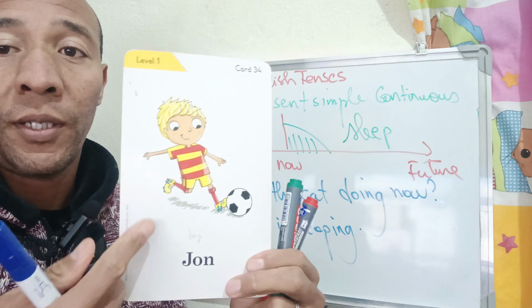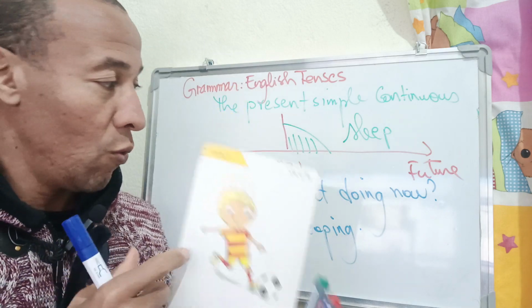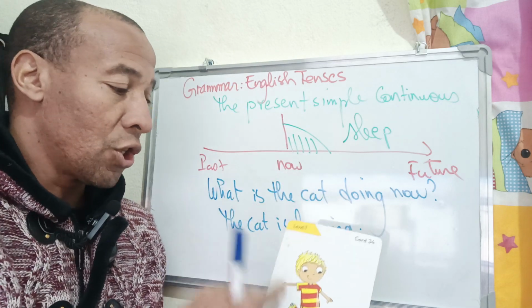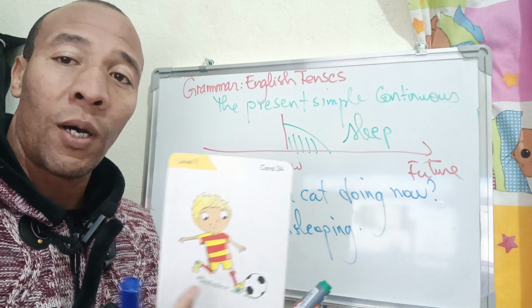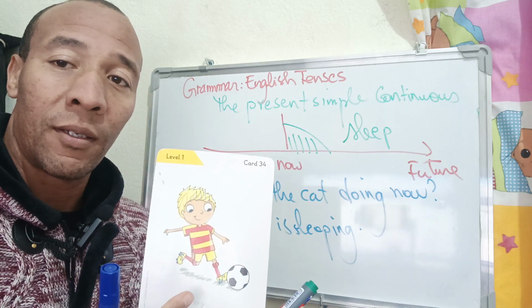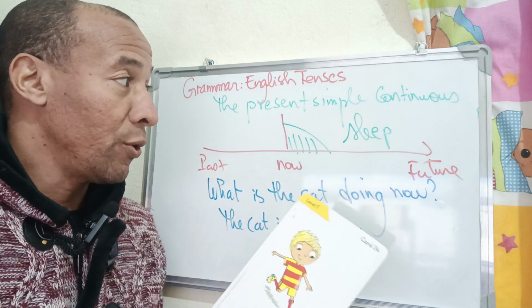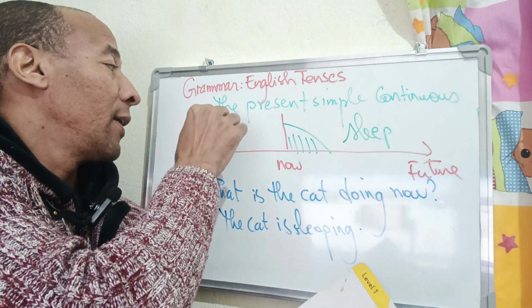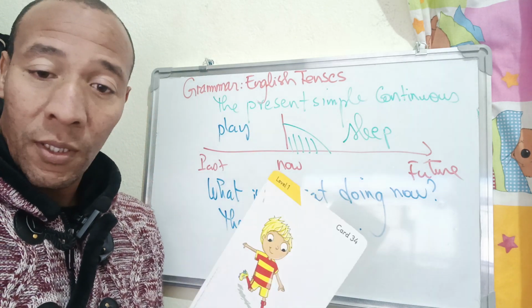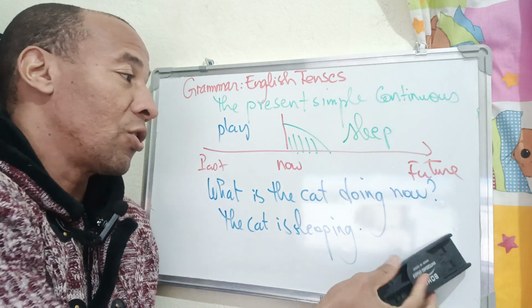Now, this is John. Yes, the same question. What is John doing? Right, so we're going to use the verb play.